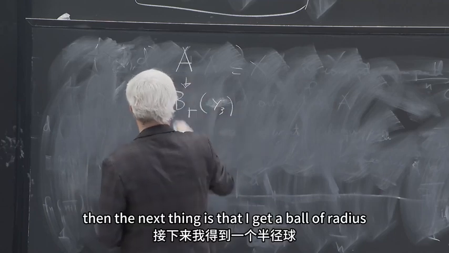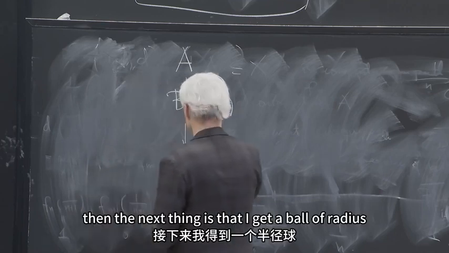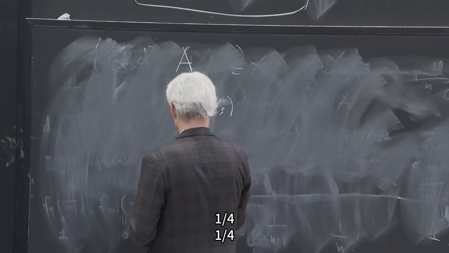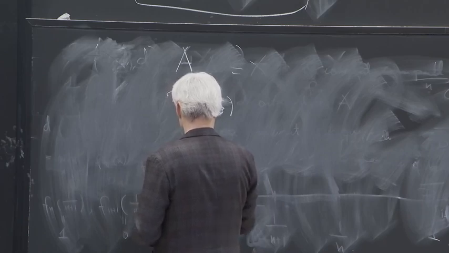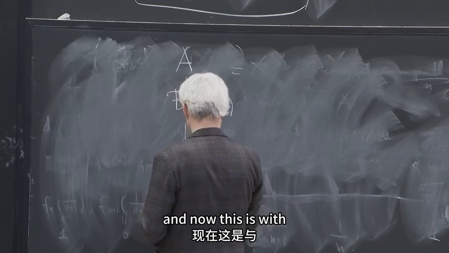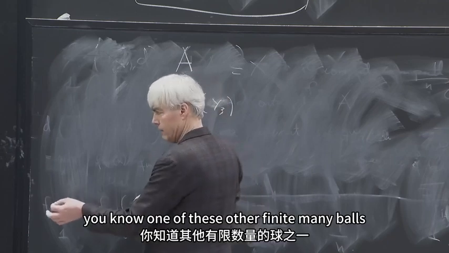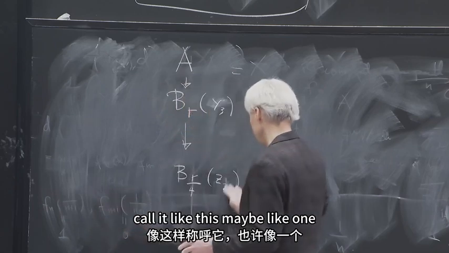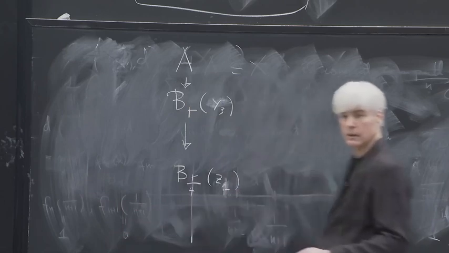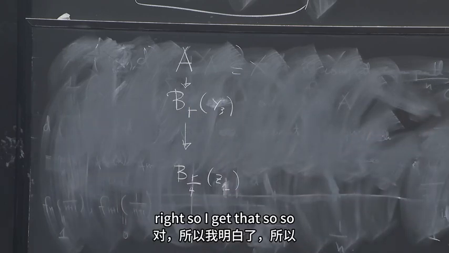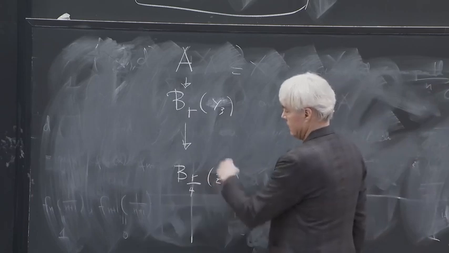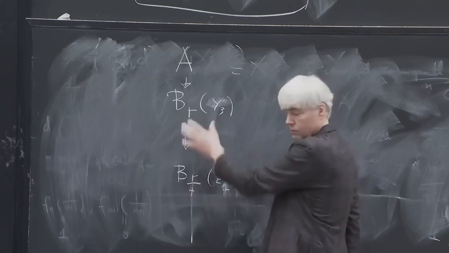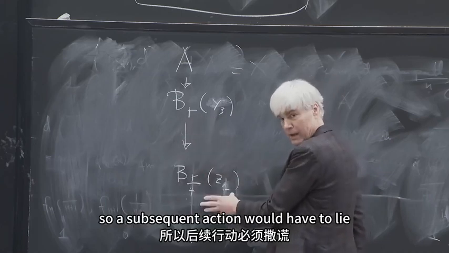Then the next thing is that I get a ball of radius 1/4 r, and now this is one of these other finitely many balls, where a subsequence, let's call it like this, maybe like 1 or something like that. Right, so I get that the balls of radius r/4 cover this. So a subsequence actually would have to lie here.